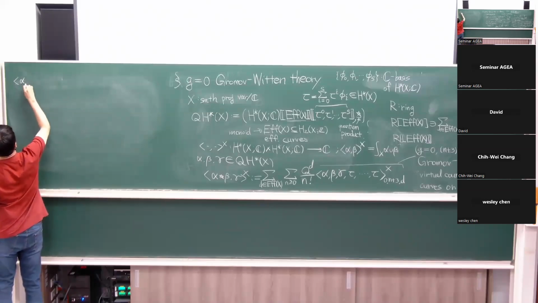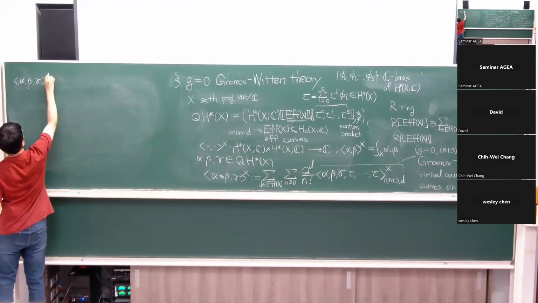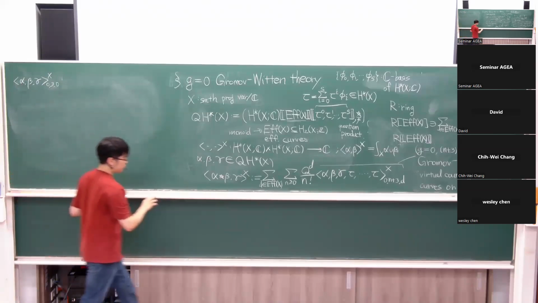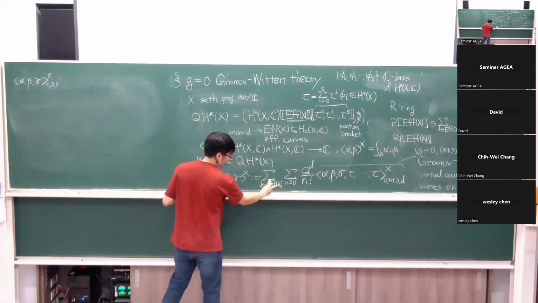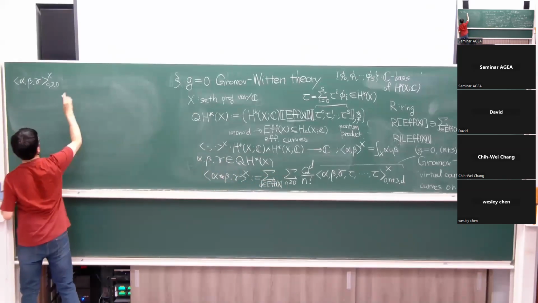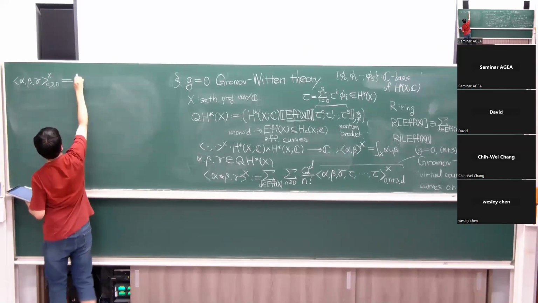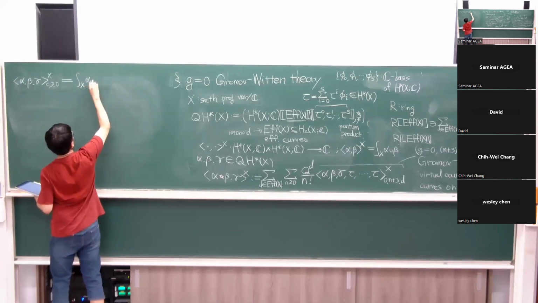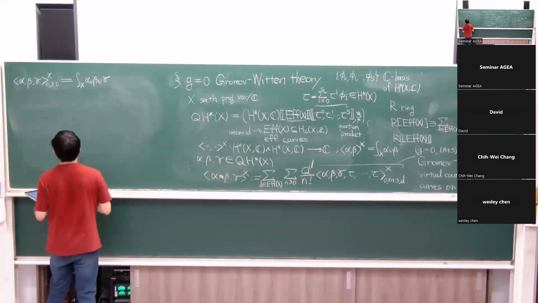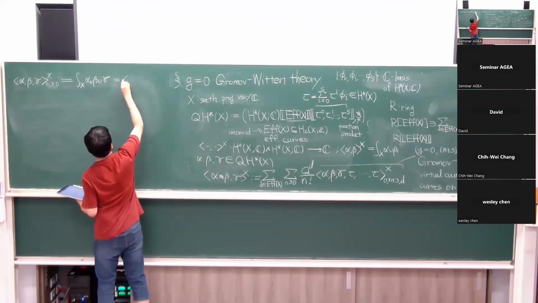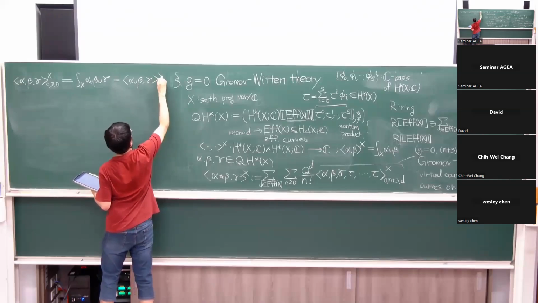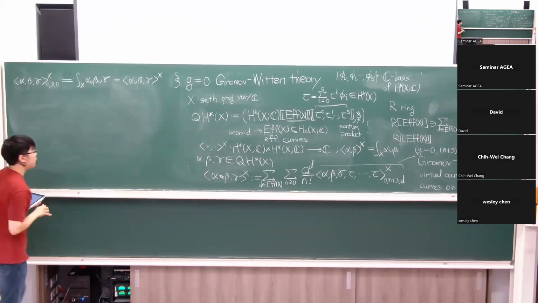And by definition, the leading term is this. So set D equals 0 and n equals 0. Then we should consider this term. This is by definition just the integration of their cup product. So this is the usual cup product with taking pairing with gamma.